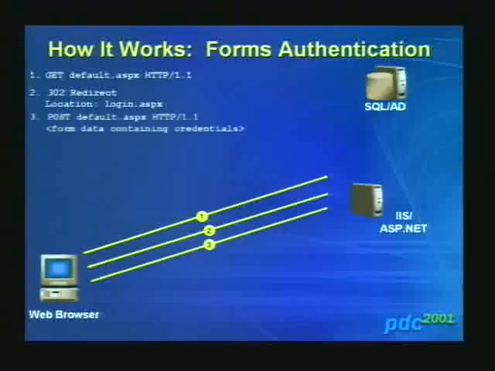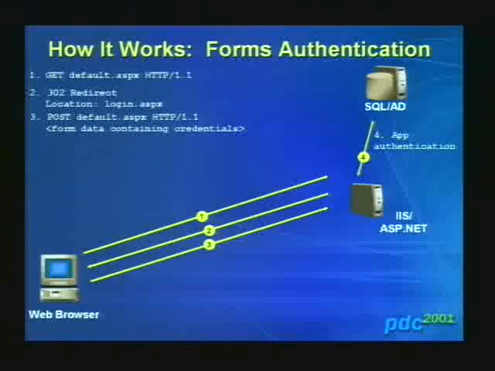The user reads it, and hopefully they enter their credentials, post back the credential data to the application, which then goes and validates the credentials. This can happen by, say, calling against an Active Directory, by calling into a SQL database, or wherever your credentials happen to be stored for your given application.